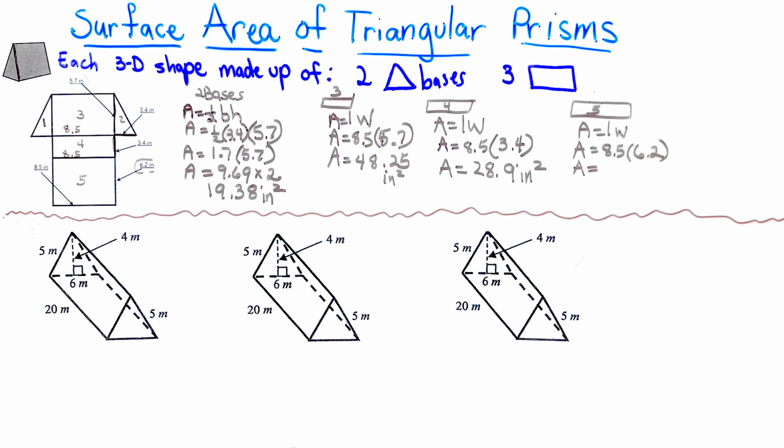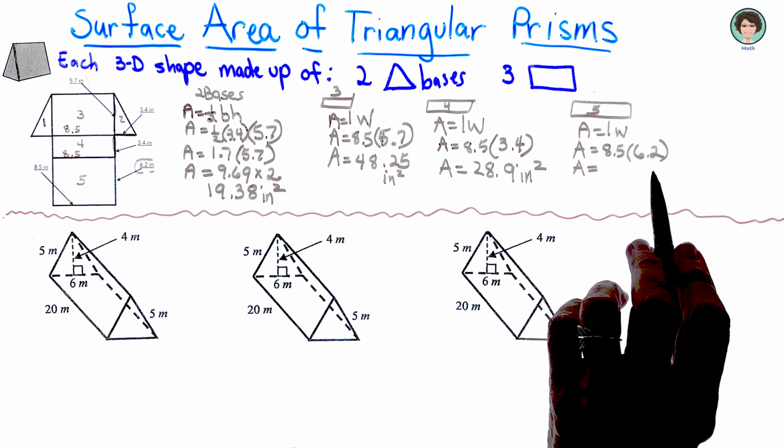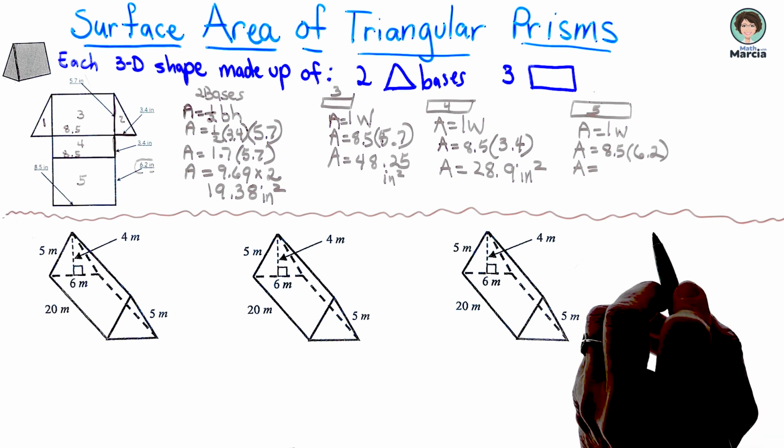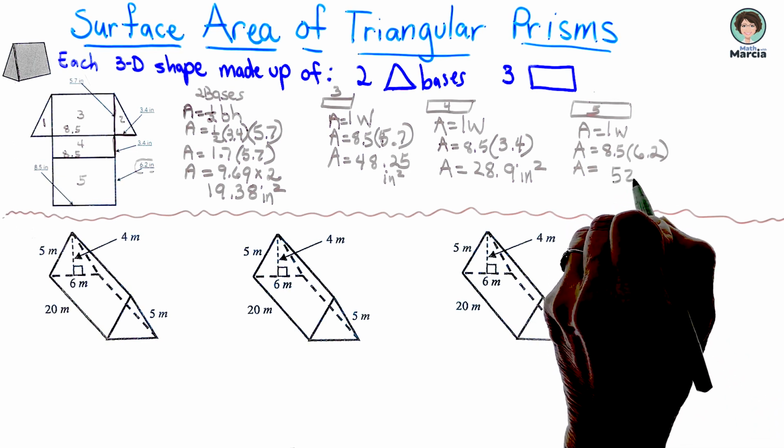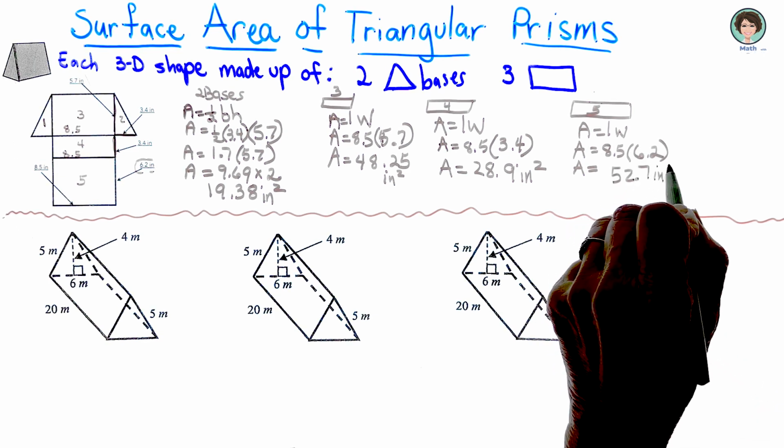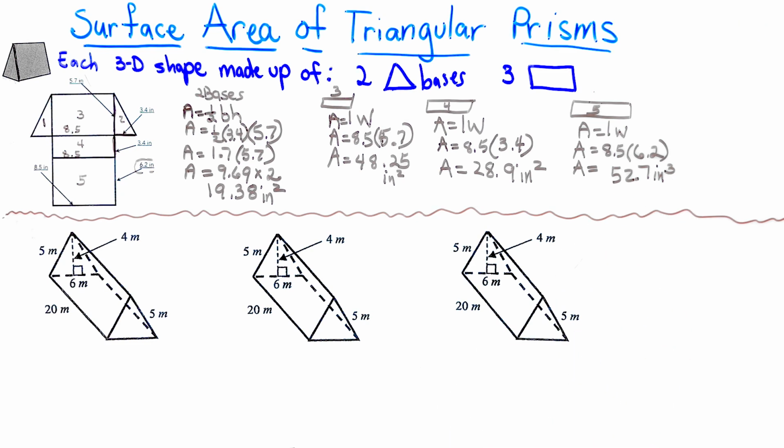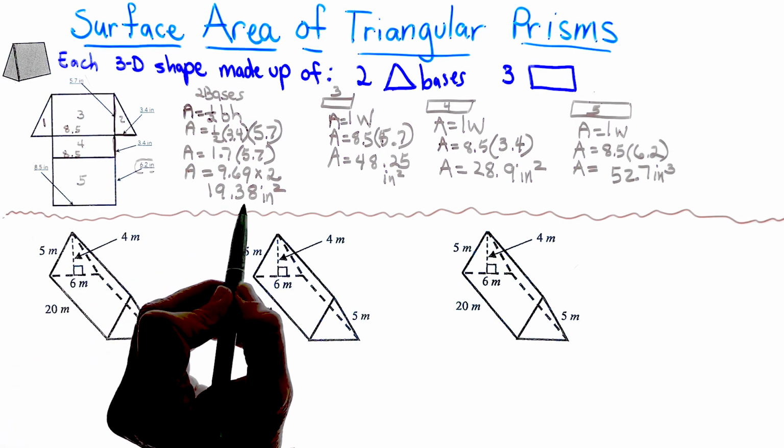And when I multiply 8.5 times 6.2, I end up with 52.7 inches squared.